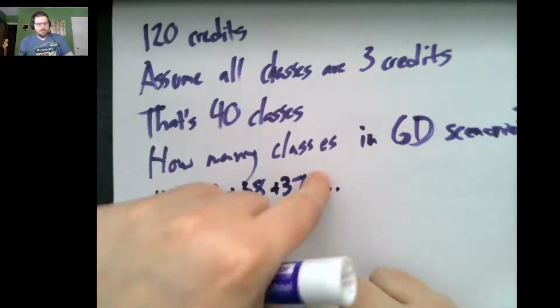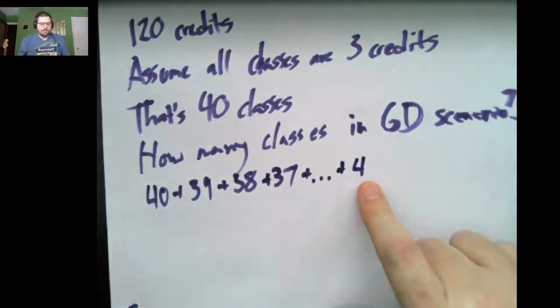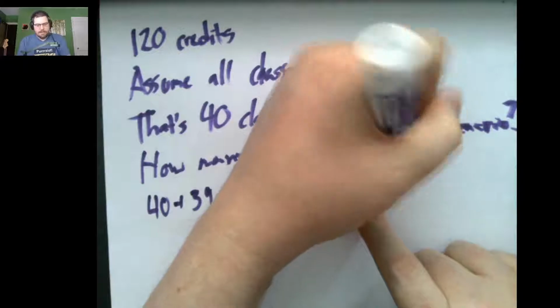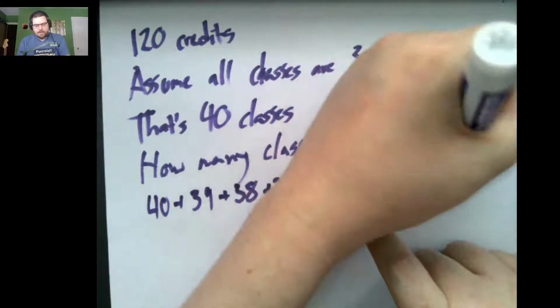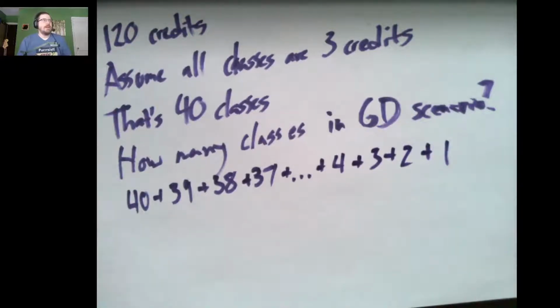It's just hiding 36, 35, 34, all the way down to the rewind where I only have to take 4 classes, then I only have to take 3, then 2, then 1. So how do we formulate a summation for this? I'm going to pause, and I'm in tiny mode again, but pause.